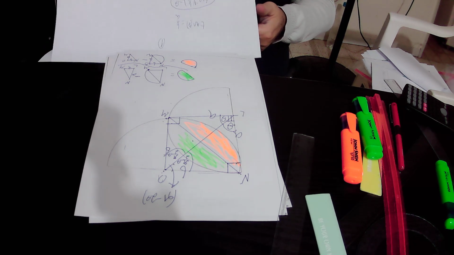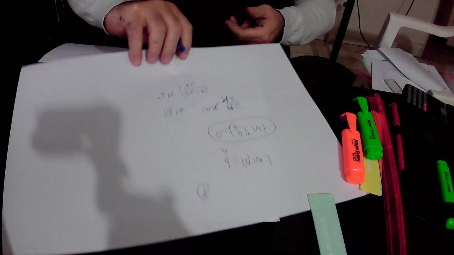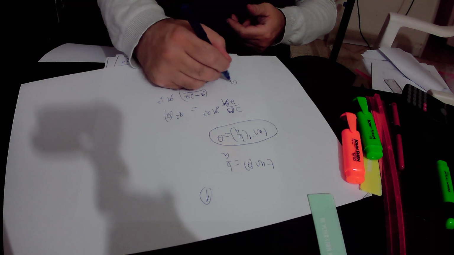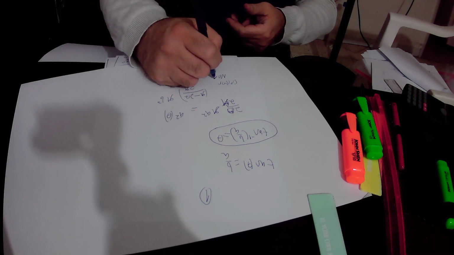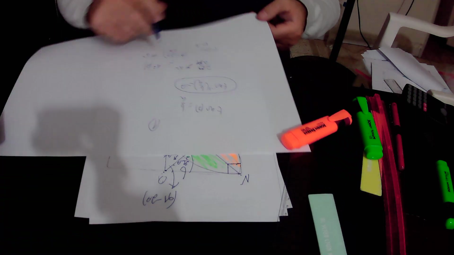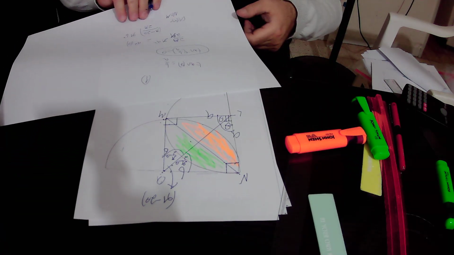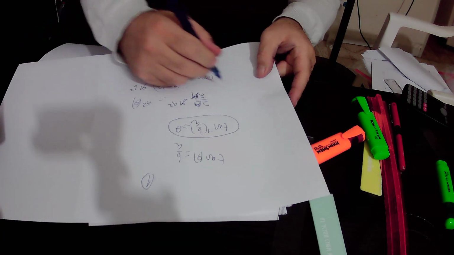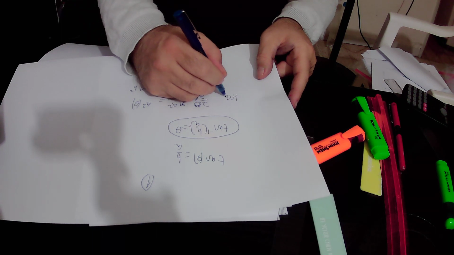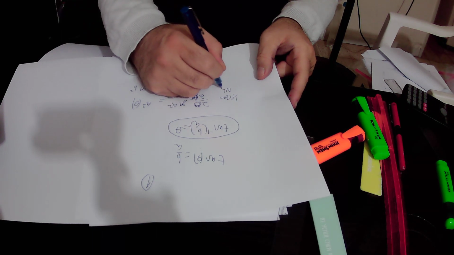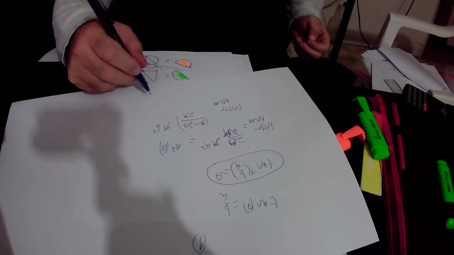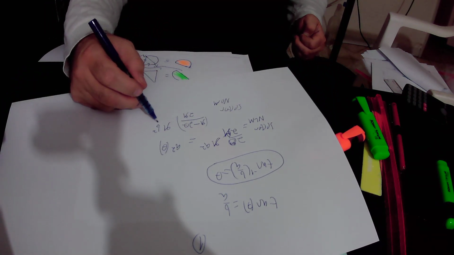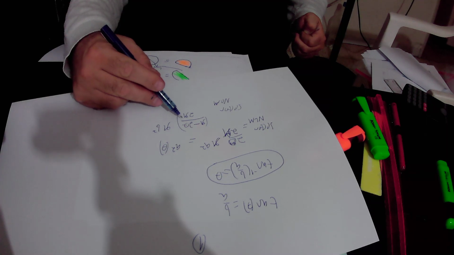Repeat again, the area of sector NOM equals pi B squared times pi minus 2 theta over 2 pi.